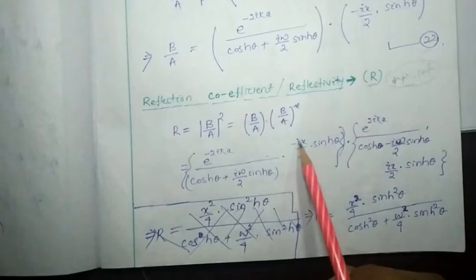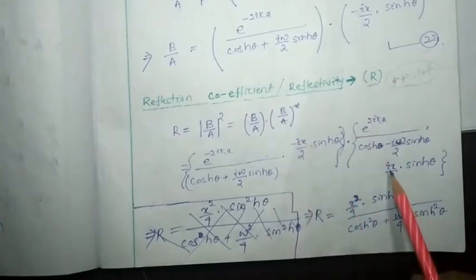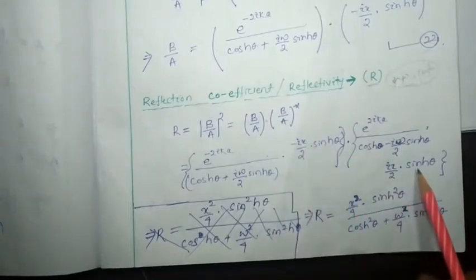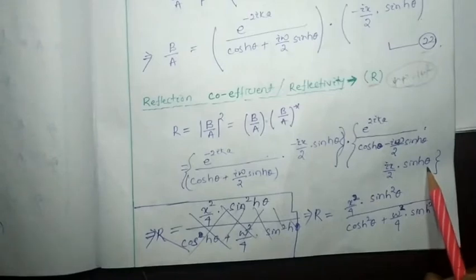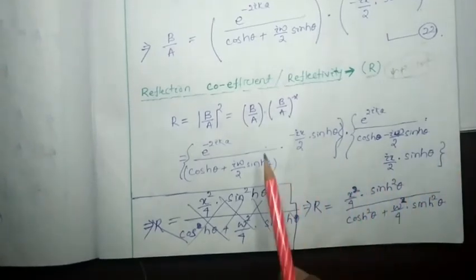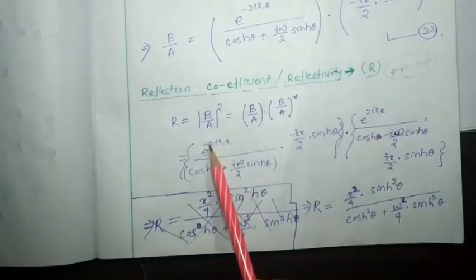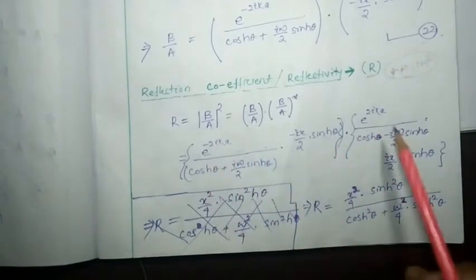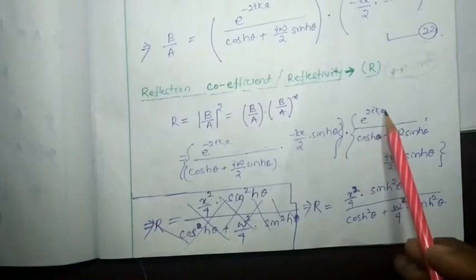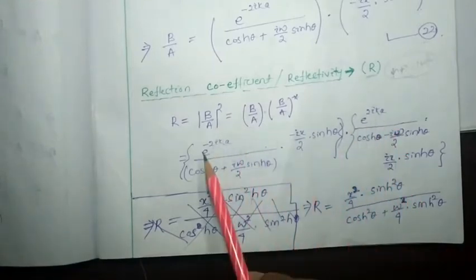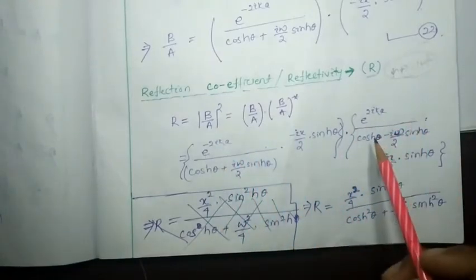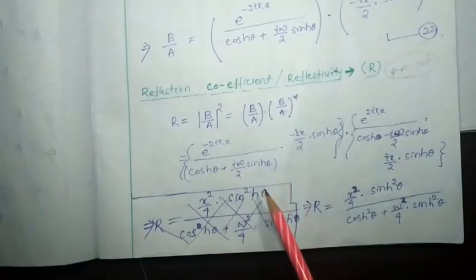Here it is minus ix by 2, the complex conjugate will be ix by 2 into sin h theta. Now if this and this are multiplied, e to the power minus 2ika and e to the power plus 2ika, when added in the exponent, give e to the power 0, which is 1.